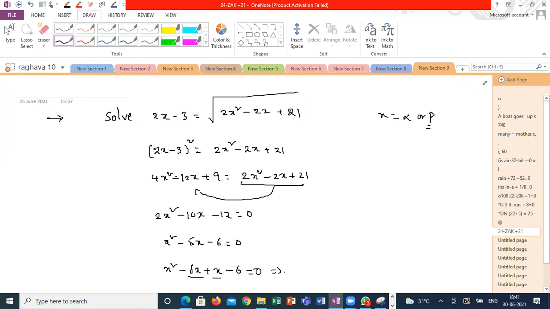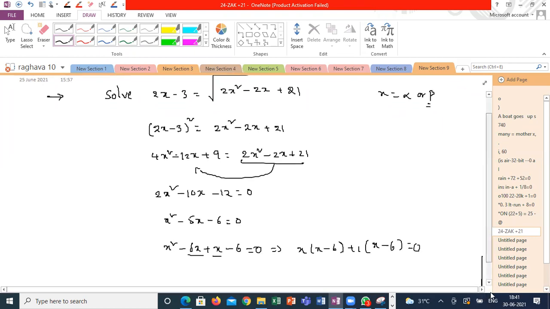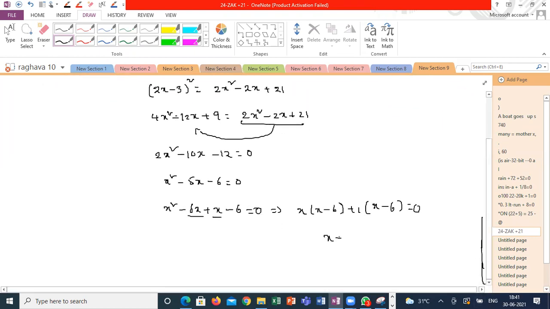That's the reason minus 6x plus x is the answer. Taking x common, x minus 6. Taking 1 common, x minus 6 is equal to 0. So (x plus 1)(x minus 6) is equal to 0. x is equal to minus 1, plus 6.